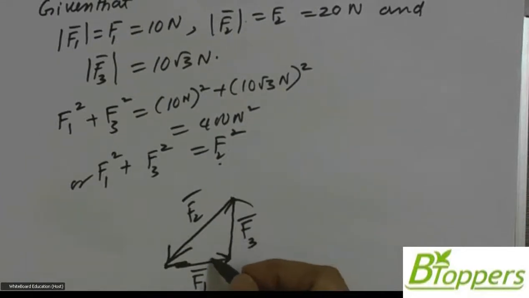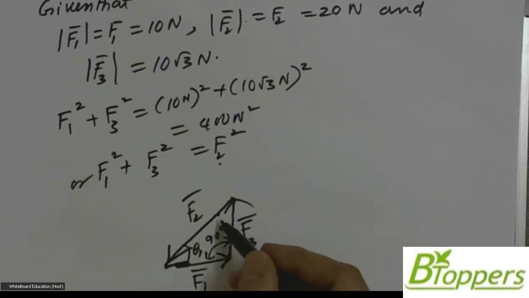So you can observe that the angle between F1 bar and F3 bar is 90 degrees. Let us call this angle as theta 1, this angle as theta 2.